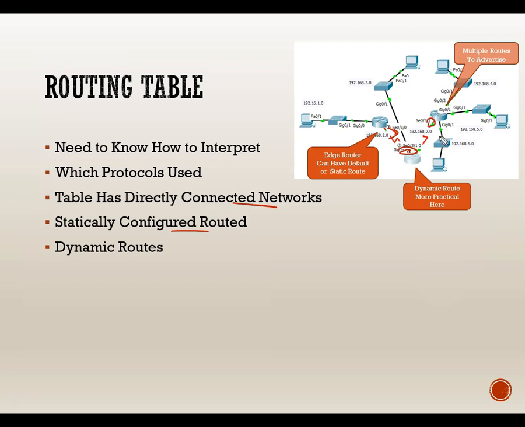Everybody else would either have to have a dynamic routing protocol, or have individual entries for each of these networks on every router in order to get it there if we're going to do a static route. So a dynamic route is more practical when we get into the other things.